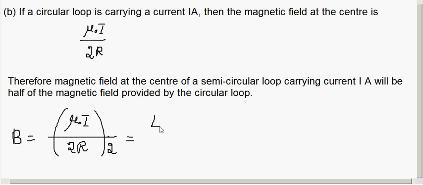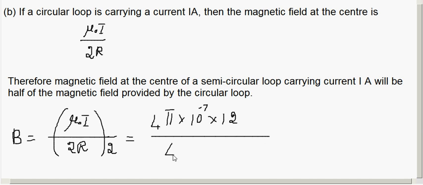Therefore it is 4 pi into 10 to the power minus 7 into the current I, which is given as 12 ampere, divided by 2 into 2 is 4, r is 2 centimeter, converted into meter, 2 into 10 to the power minus 2. Calculate this, it will give you the answer as 6 pi into 10 to the power minus 5 Tesla.